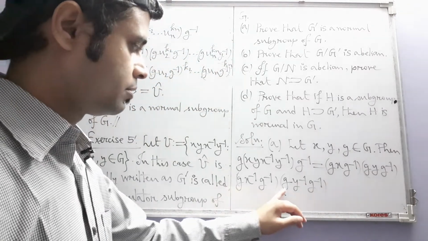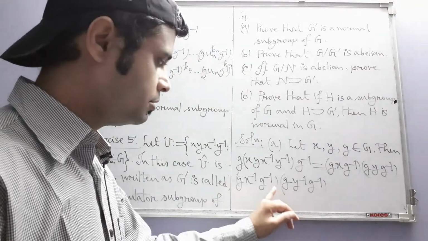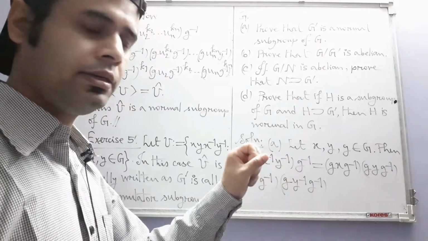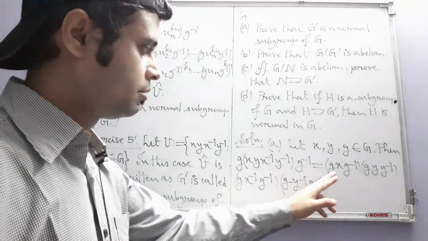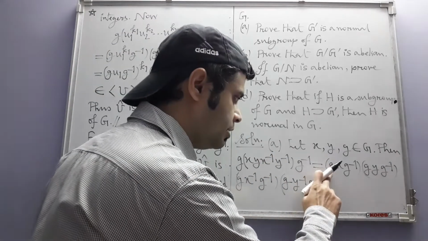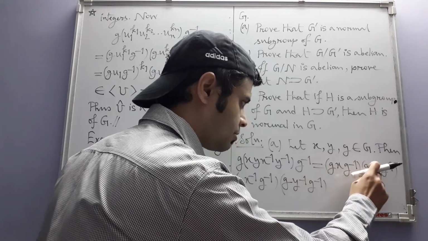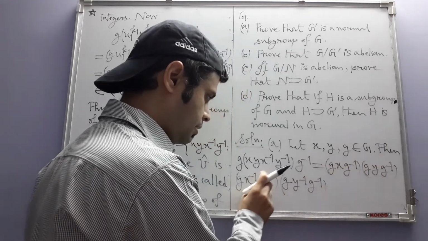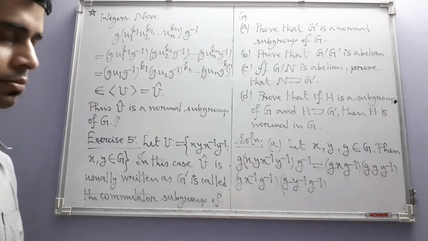So the g inverse g's inside, they cancel out and we are left with g x y x inverse y inverse g inverse.